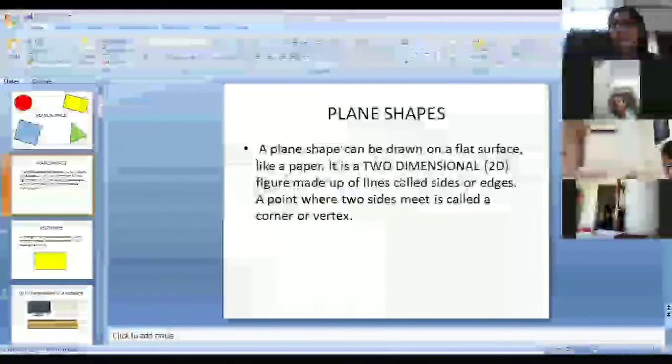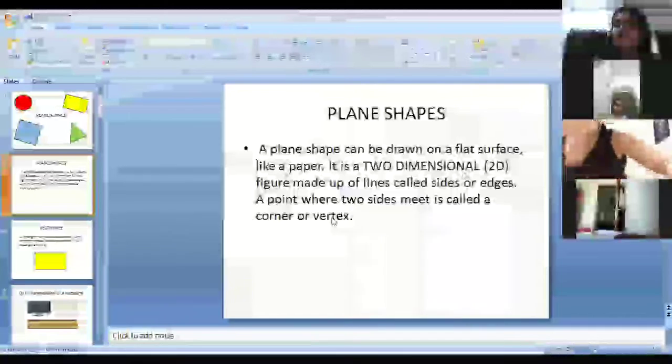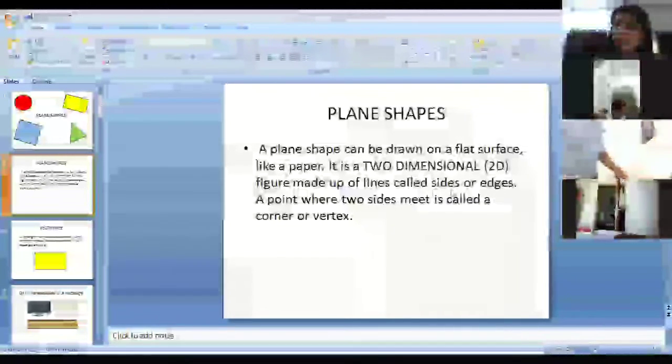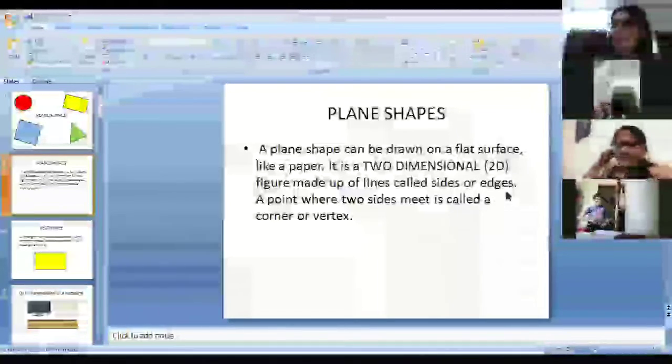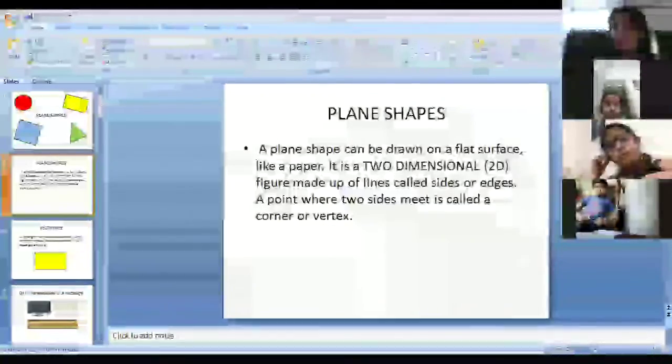So a plane shape can be drawn on a flat surface like a paper. It is a two-dimensional figure made up of lines called sides or edges, and a point where two sides meet is called a corner. So just see here, it is a plane shape.